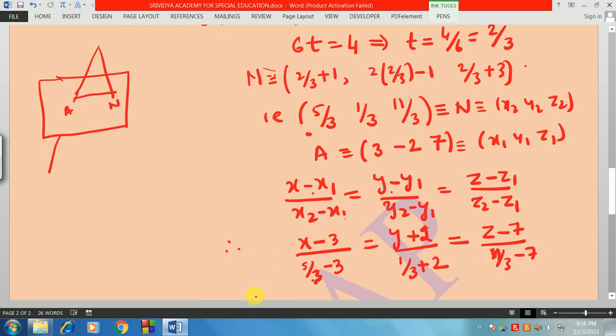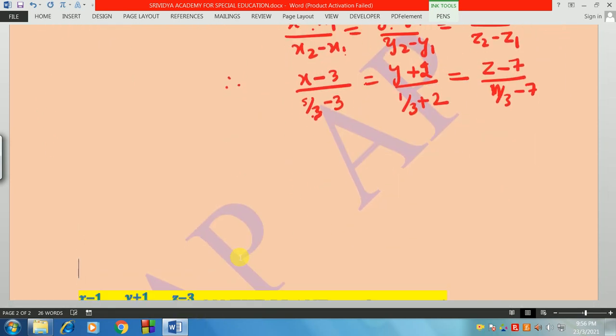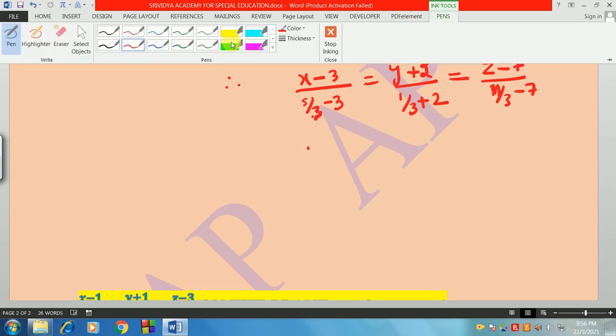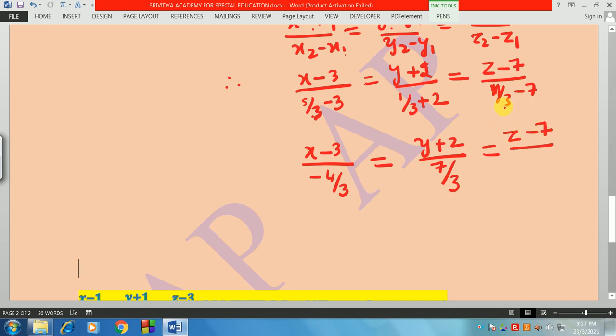Therefore we get (x minus 3) by, so let us simplify the denominator. 5 minus 9 is minus 4 by 3, which is equal to (y plus 2) by (3 2s are 6 plus 1, which is nothing but 7 by 3), which is equal to (z minus 7) by (11 minus 21 by 3, that is minus 10 by 3).